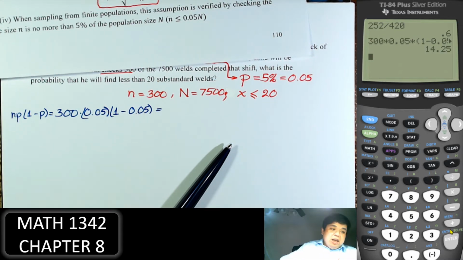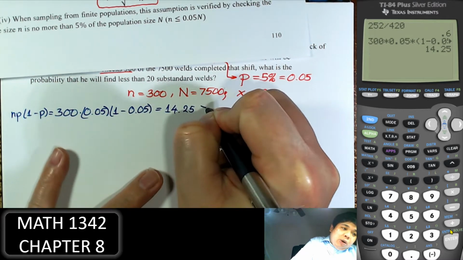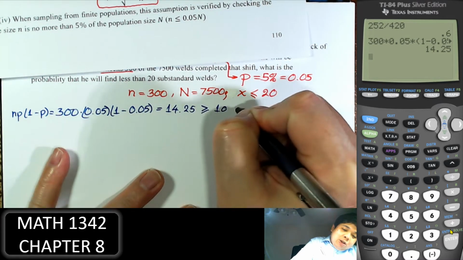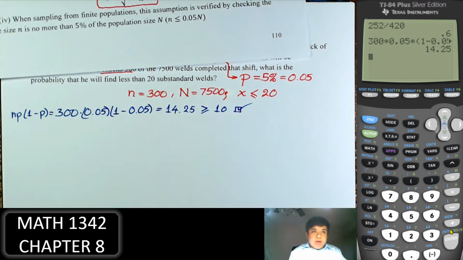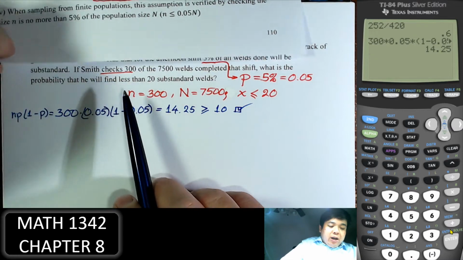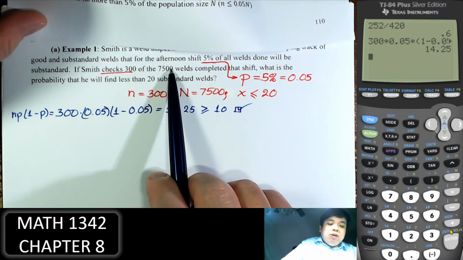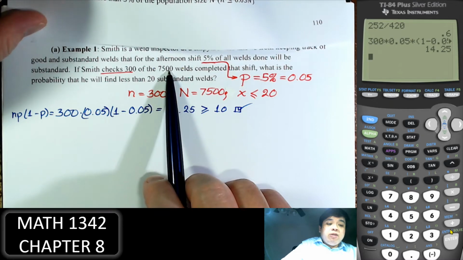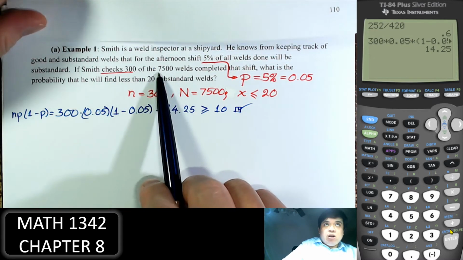It is 14.25, which is greater than or equal to 10. So yes, this will have a bell shape, so it is approximately normal. Of course, we also check the sample size of 300 out of the population of 7,500. So this is less than 5% of that, which is good.